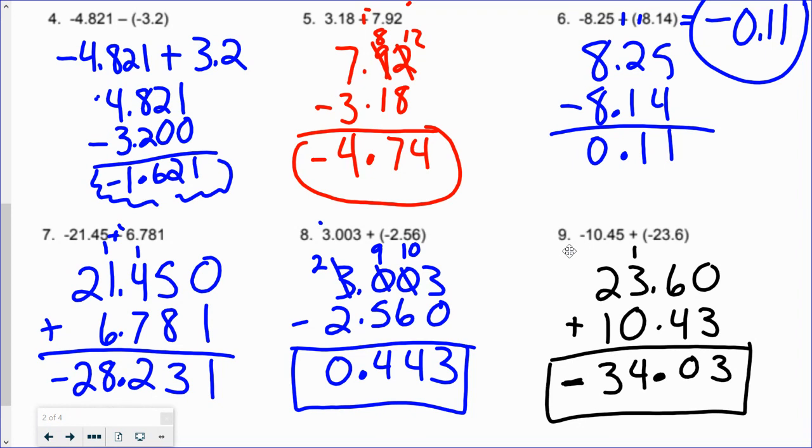Number 9, here you had addition of 2 negatives, so same signs, add and keep. You had to add a 0 on top of that 3. Then you got a negative 34 and 3 hundredths.